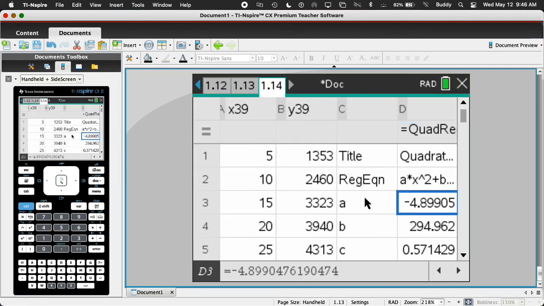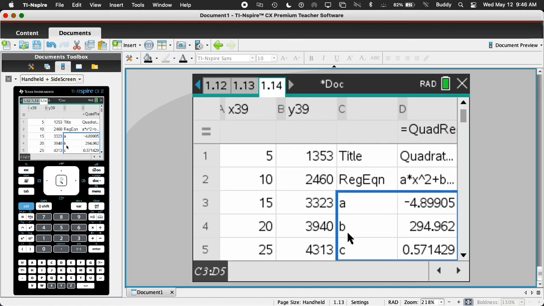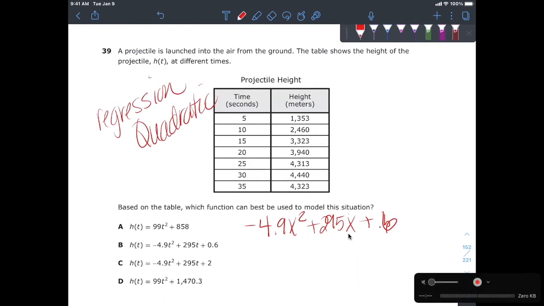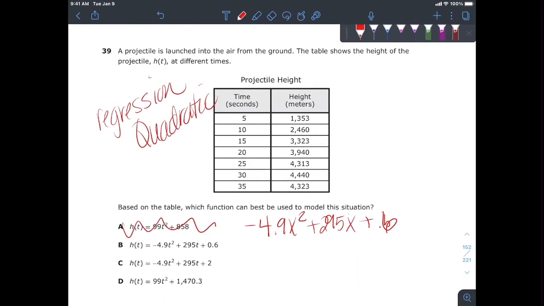And look at that, I have my regression. So I see here that it is negative 4.9x squared plus 295 approximately x plus 0.6. So let's take a look at our answers. No. Maybe. No. No. My answer has got to be B.